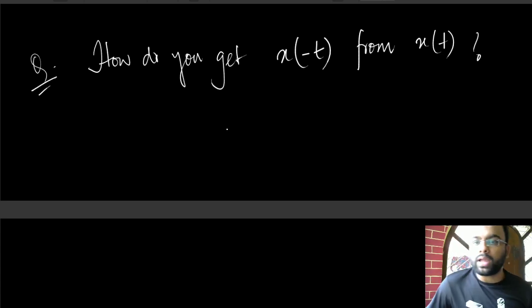I have x(t), and from that I want to get x(-t). Someone says shift by one. No, no, it's not shift by one.